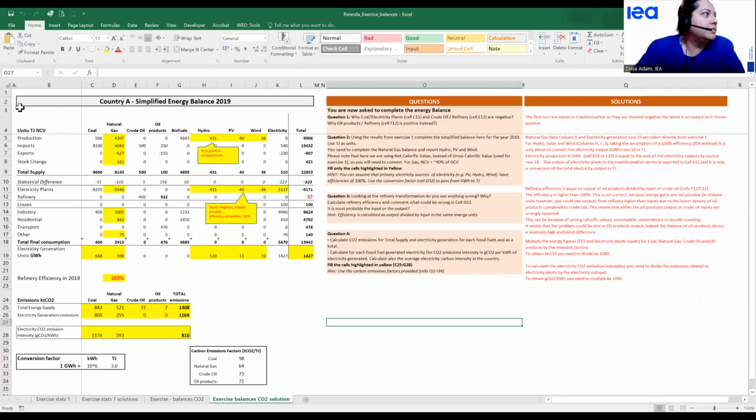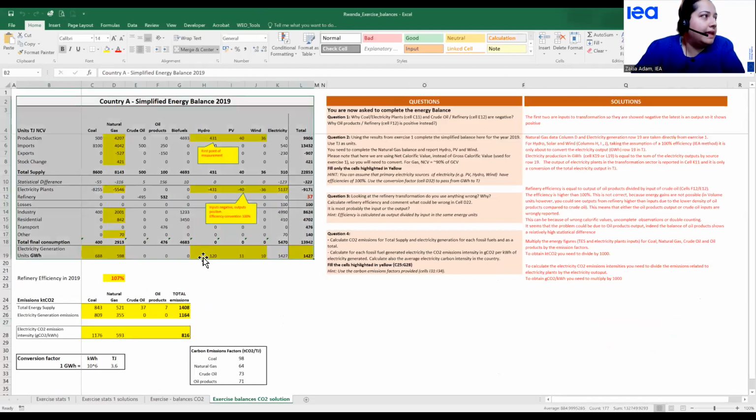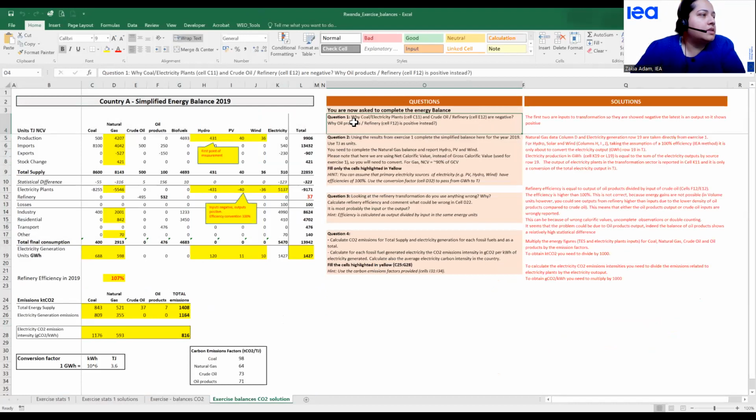So we are provided with this energy balance for country A, and you are asked to fill the highlighted cells. Here, the first question is: why are coal electricity plants, cell C11, this number, minus 8,255, and crude oil refinery E12 negative?